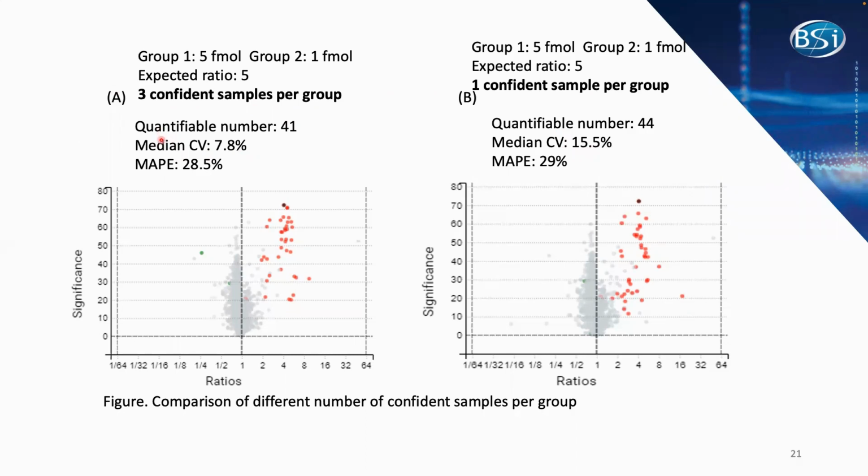Though there was an increase in the quantifiable number, I guess the message here is that we have to consider the trade-off between the accuracy and reproducibility on one hand, and quantifiable numbers on the other hand, when setting up the analysis and interpreting your quantification results.